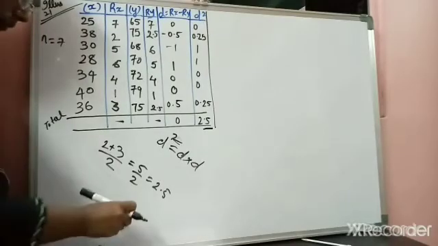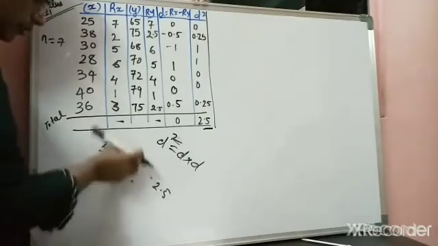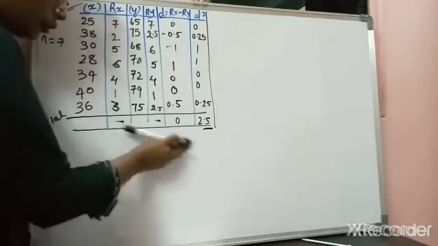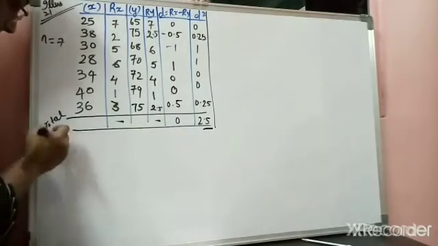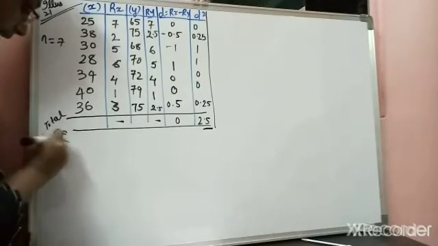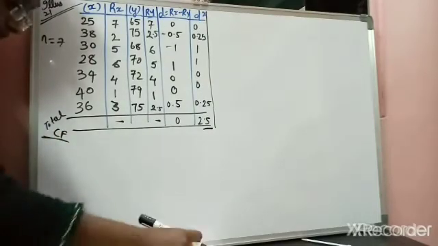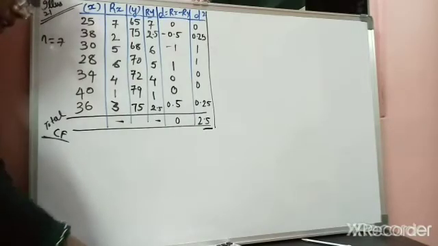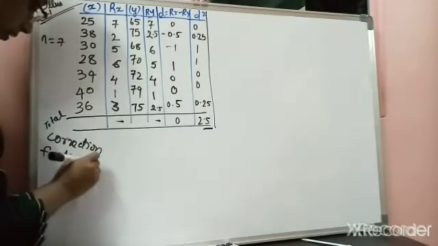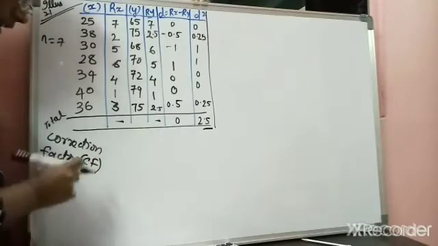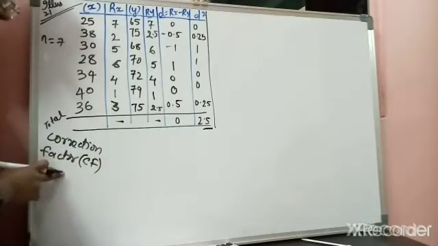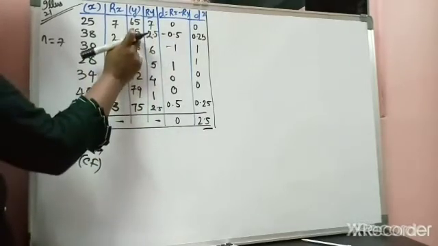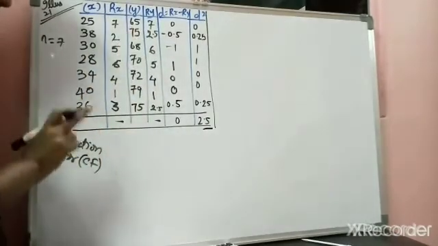Now after that, you have to find one new thing, that is CF. So what is CF? CF means correction factor. Now to find out CF, see what number was repeating in the Y variable. 75 was repeating.